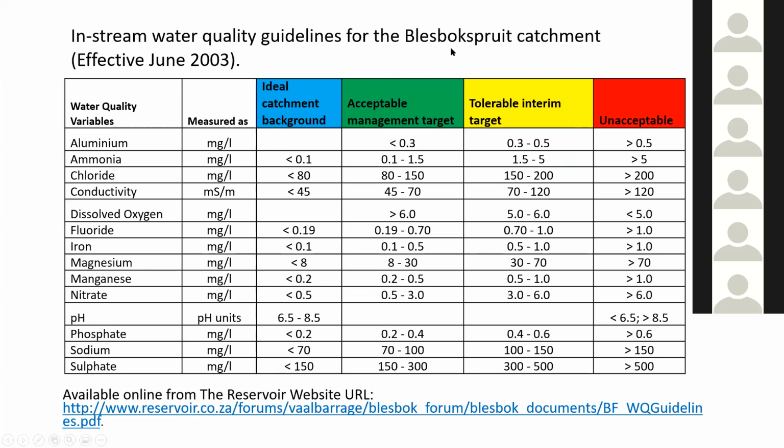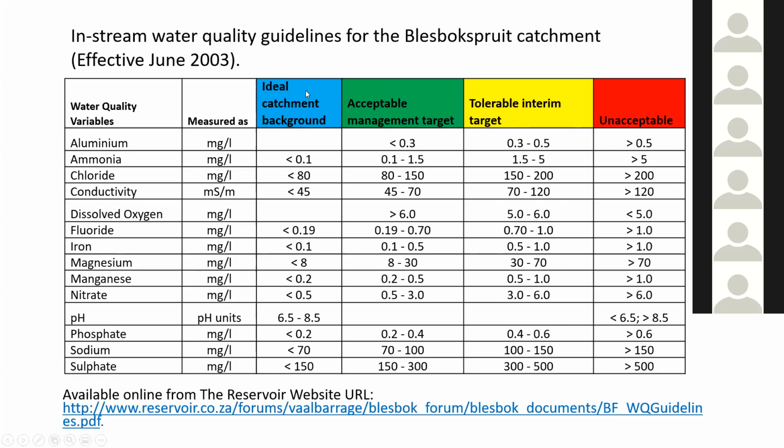In this catchment, they describe certain water quality variables as being either ideal, acceptable, tolerable, or unacceptable. And the colors are very important because these colors are translated in all the data tables and graphs that are shown from now until the end of the presentation.